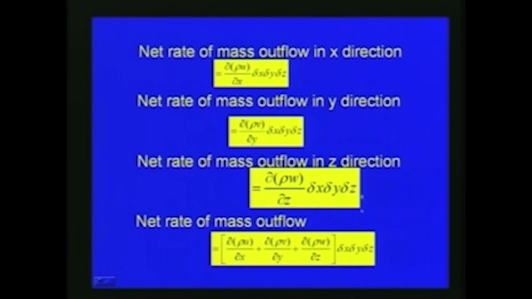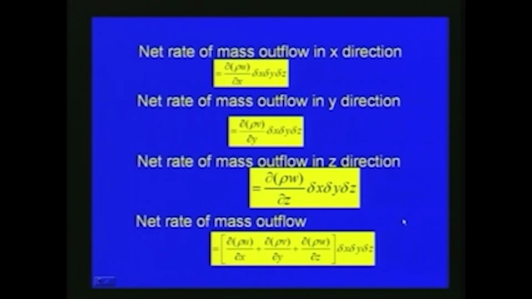Finally, adding all of these, the net rate of mass flow is del rho u by del x plus del rho v by del y plus del rho w by del z, multiplied by delta x, delta y, delta z.